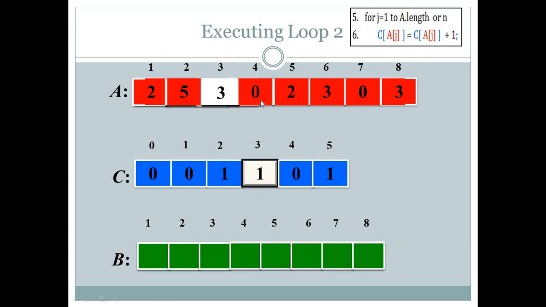Our 0 appeared 2 times, so at the index 0 in our temporary array 0 will be 2 times. Our 3 appears 3 times in our input array. So at the last in temporary array at the index 3 we will have count of 3 will be 3. Okay, so let's move further.